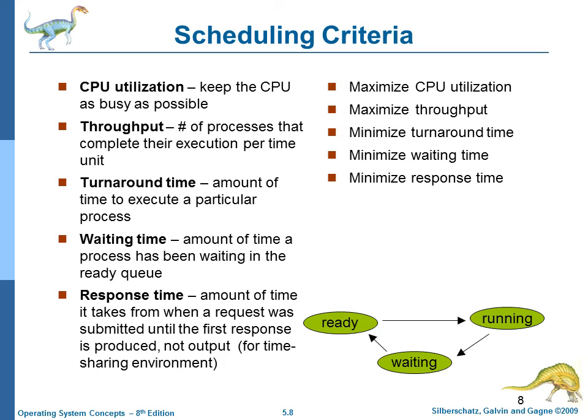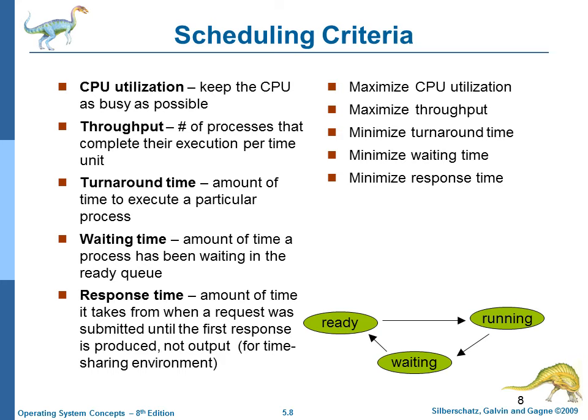The third criterion is turnaround time, which we will see while evaluating CPU scheduling algorithms. It is the amount of time taken to execute a particular process, from submission time to completion.